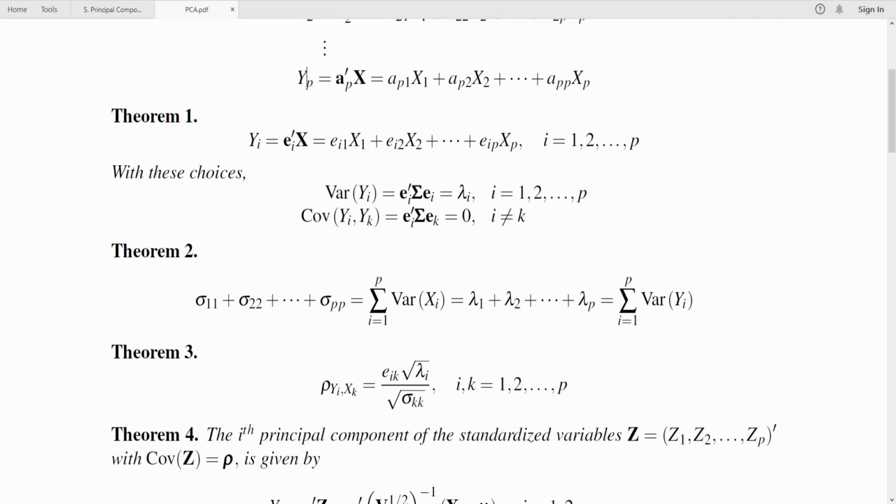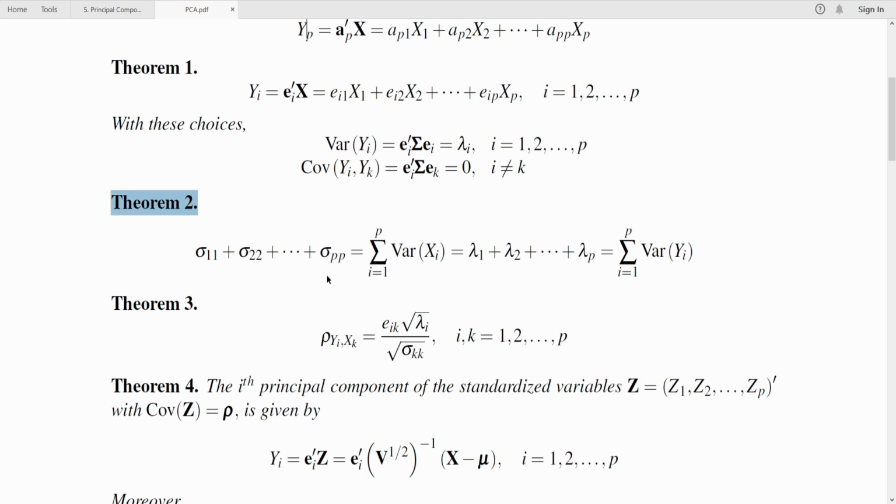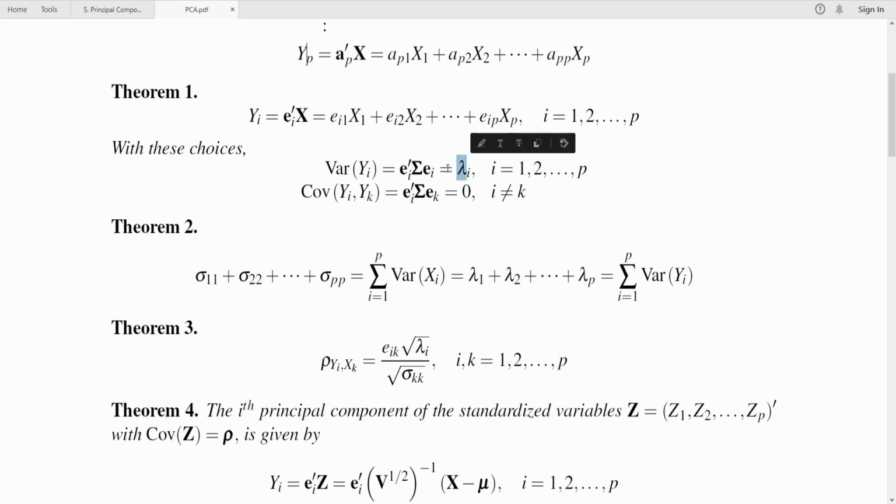Next important result, or theorem, that helps us determine the total population variance is this: the sum of all our variances is actually the sum of all the variances of our principal components, and that is what we already know, because the variance of y_i is lambda i, so it is the sum of our eigenvalues.